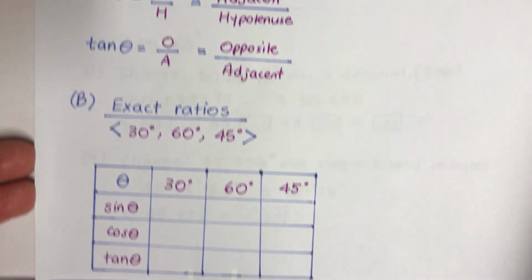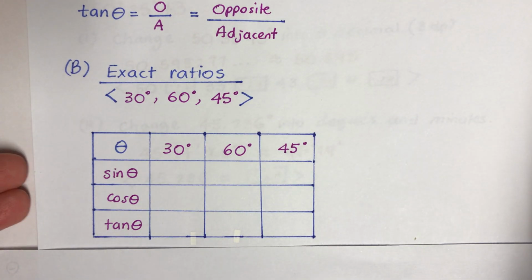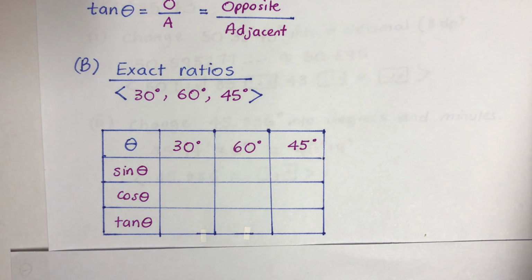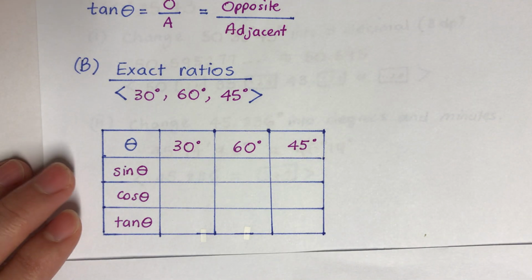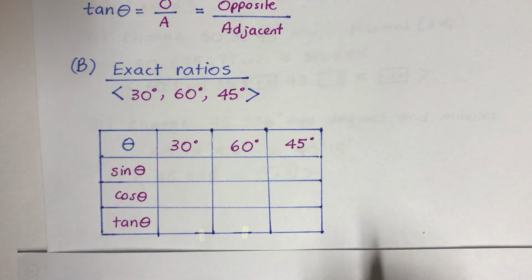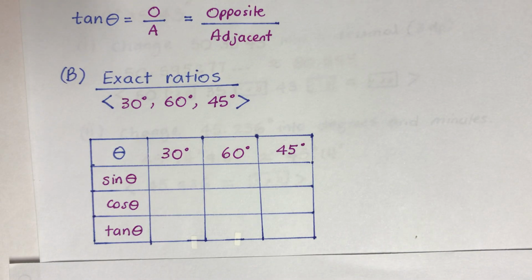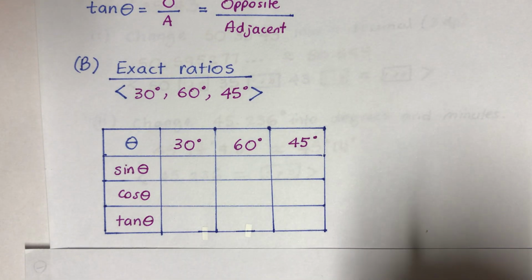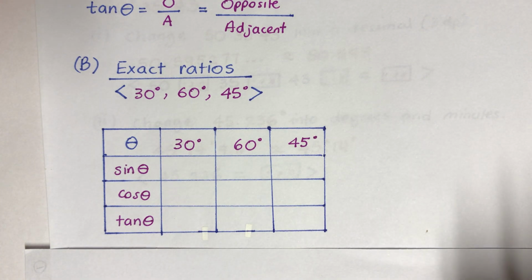I'm going to show you an easier way of memorizing this. So I'm going to write this down. It's not a bad idea to use a triangle diagram with the 30 degrees and 60 and also the 45, and then you can memorize that way.